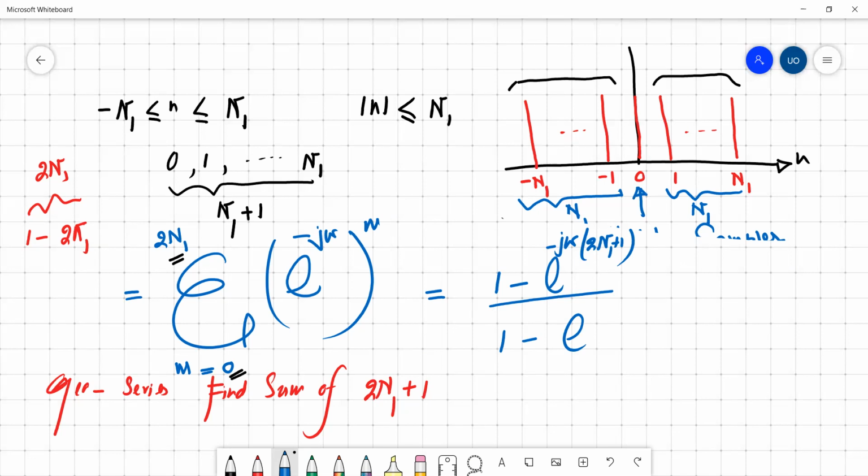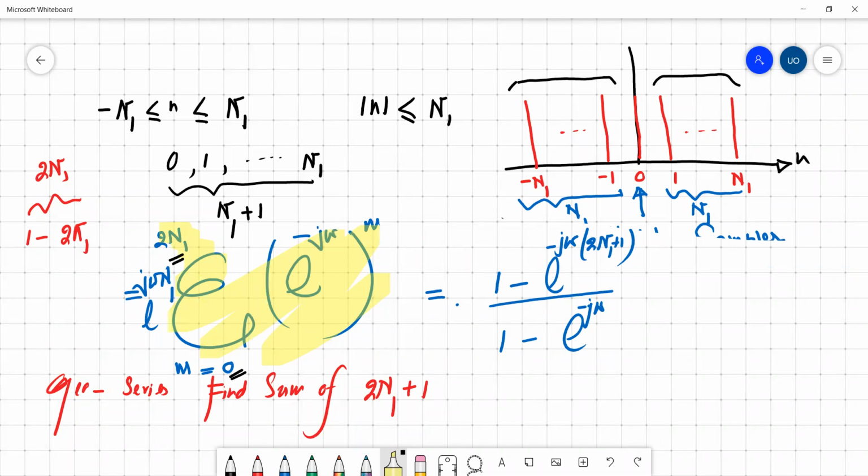Sorry, you have another term in front: e to the power j omega N1. So I apply this geometric series here to replace this finite sum.